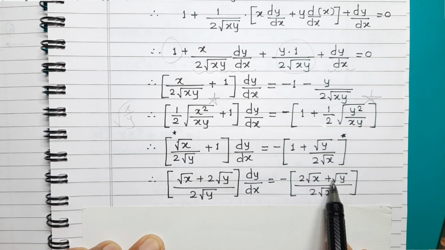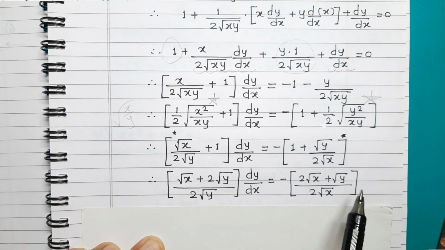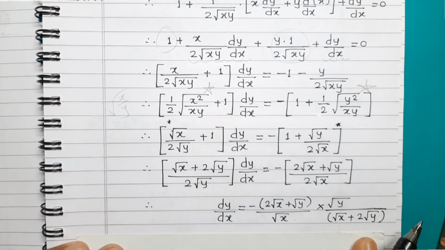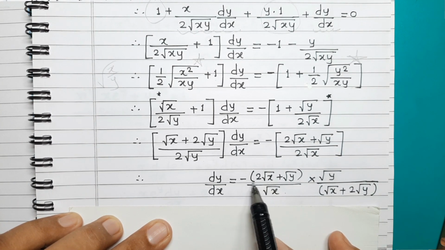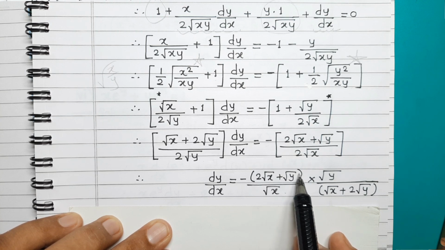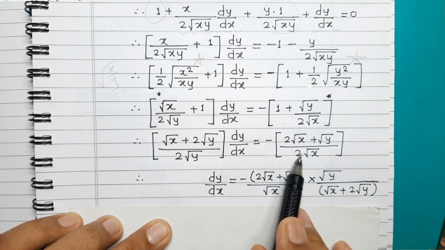So we have 2 root x plus root y upon 2 root x, and then to the next step we are going to shift this bracket on RHS to get, see, dy by dx is equal to minus of this term 2 root x plus 2 root y upon, see, we have cancelled these two at the denominator.